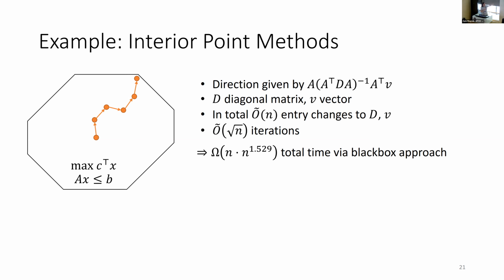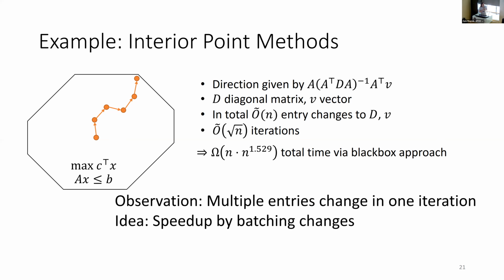But with these black box data structures, when you perform an update, you just say, change this one entry. And then the next update is, change the other one entry. So the hope is that since a lot changes at once, maybe you can batch this together and process all of these changes at once to get something faster. And that is the idea that we now want to use to get a faster data structure.